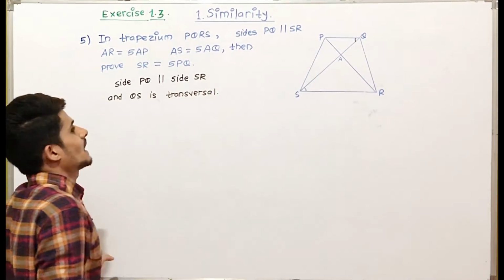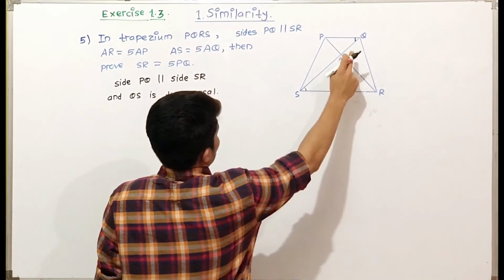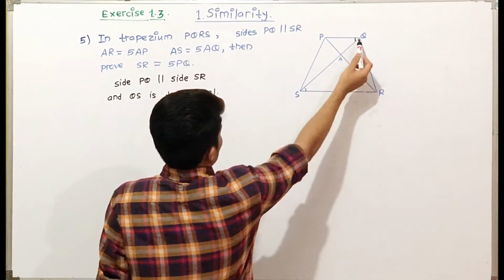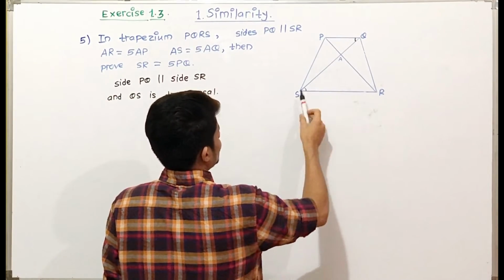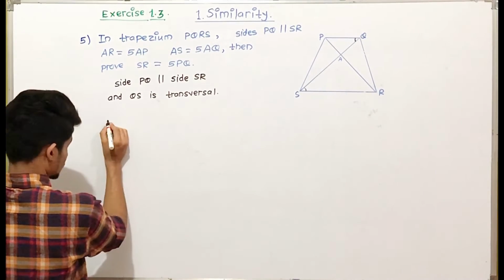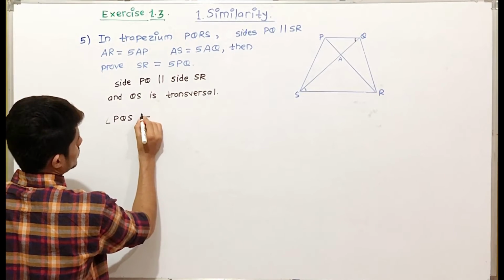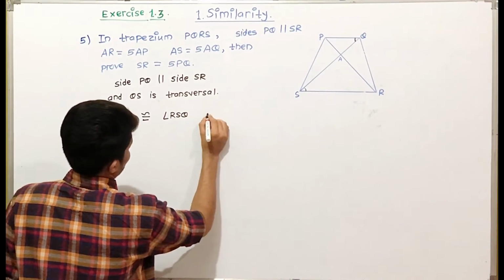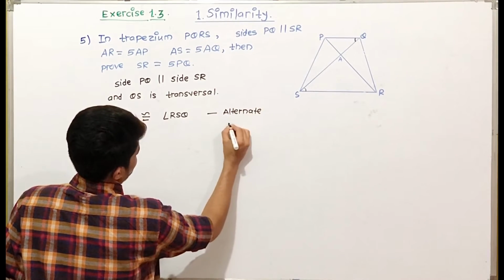Because they are alternate angles. Sides are parallel, QS is a transversal, so PQS and RSQ are two alternate angles. So angle PQS is congruent to angle RSQ, alternate angles.